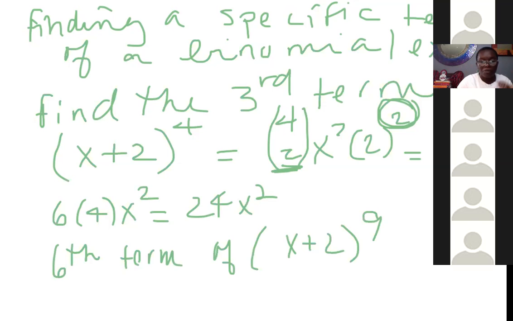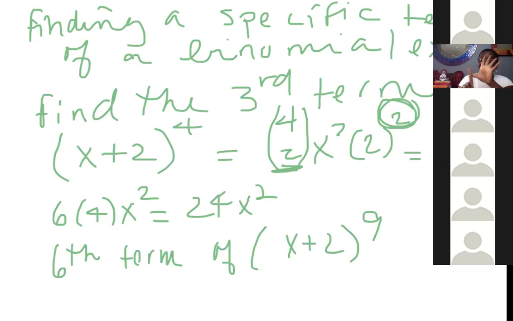Count backwards, guys. We want to go to the 6th term. What we're keeping track of right here is the number of terms. What we say is the power of the x, the power on the first term. So if we're counting backwards, we're doing 9, 8, 7, 6, 5, 4.